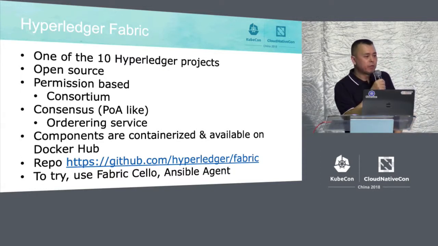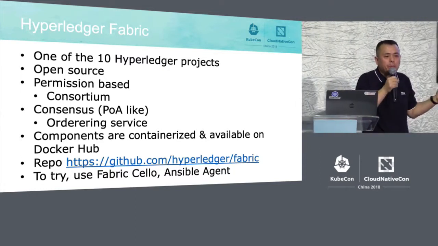It's sort of like you have to be part of this big party, right? You have to belong to an organization that's part of a consortium. To join that consortium, you have to go through an approval process, sign up and request, allow the existing members to approve your request, and eventually you can join the consortium.